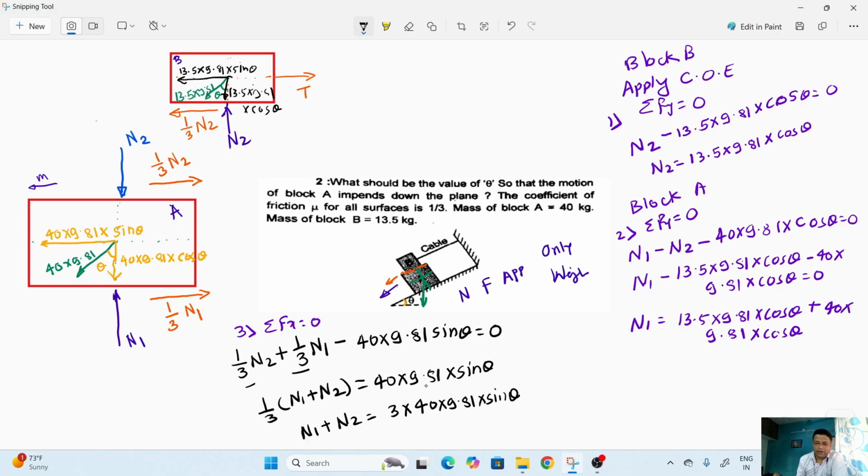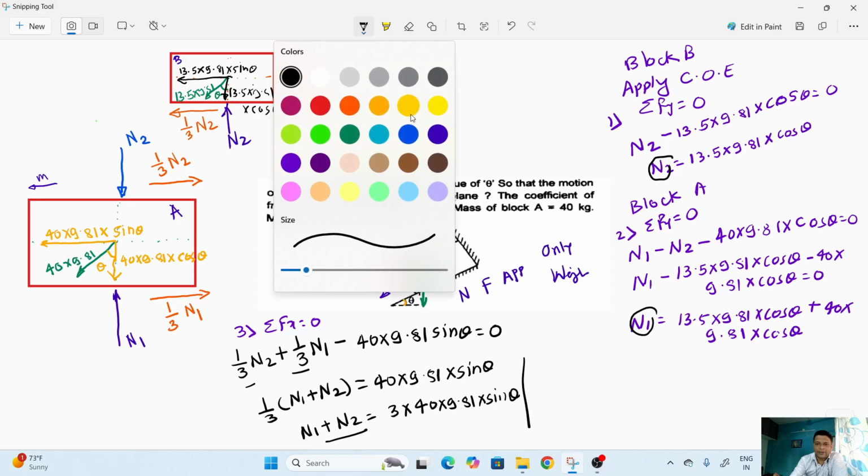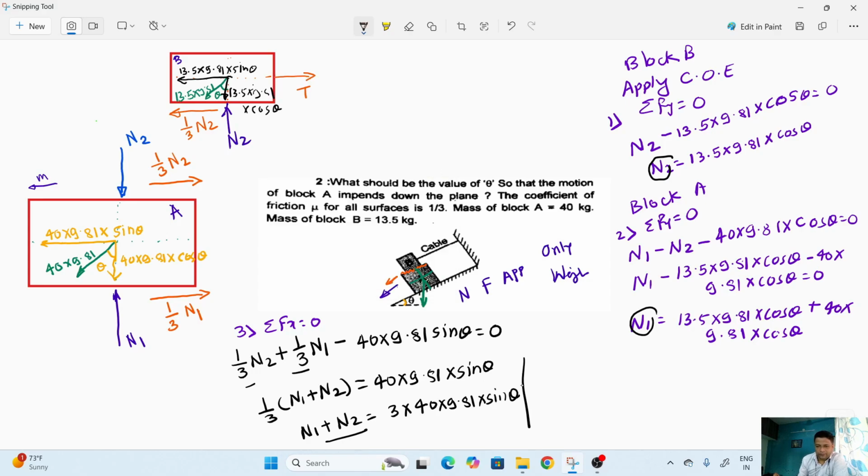Now this is the equation. Now we have got the value of N1 and N2, so we can put those values here to get the final answer. After putting the values, N1 value is 13.5 into 9.81 into cos theta plus 40 into 9.81 into cos theta.